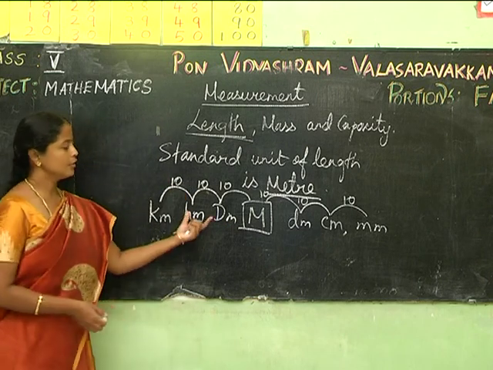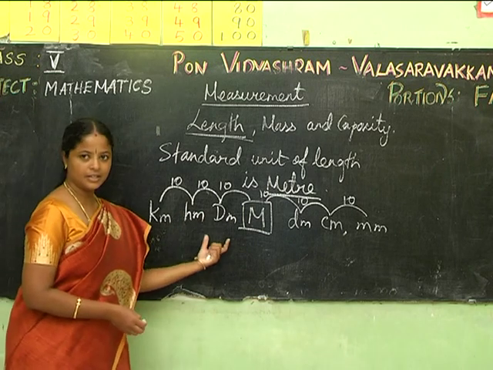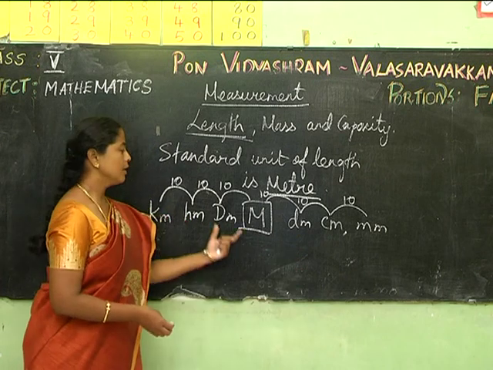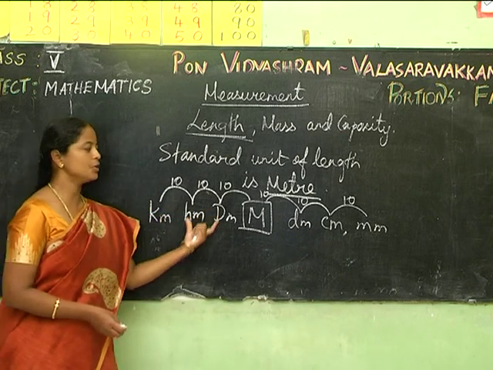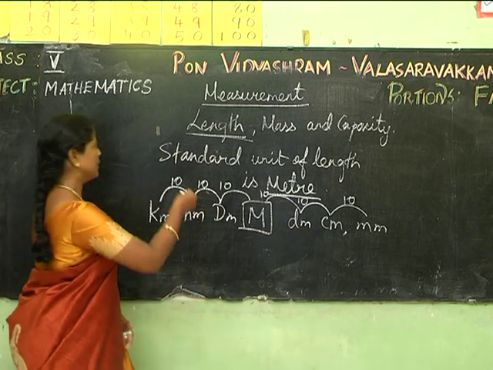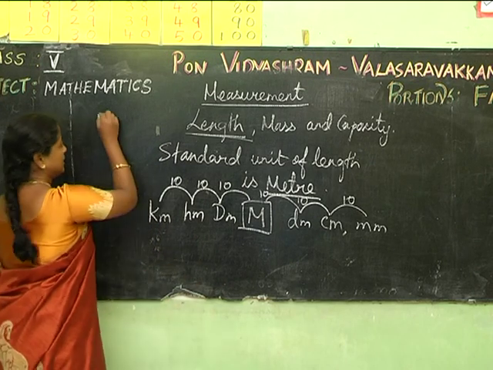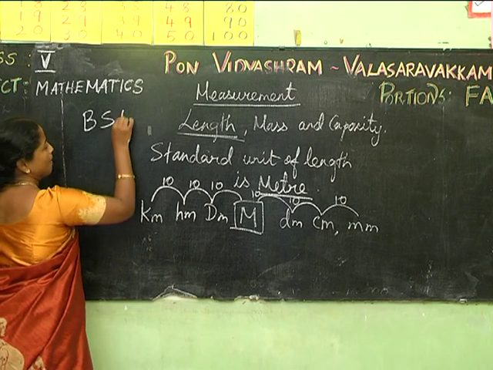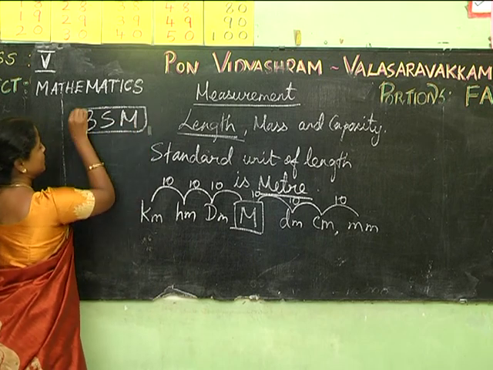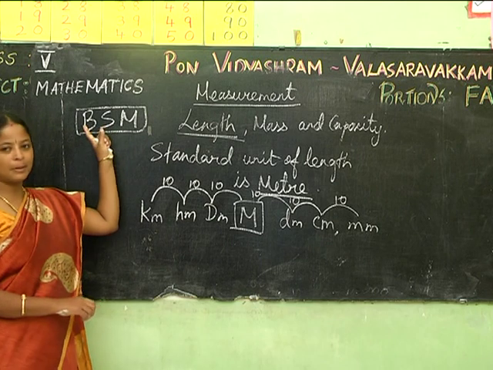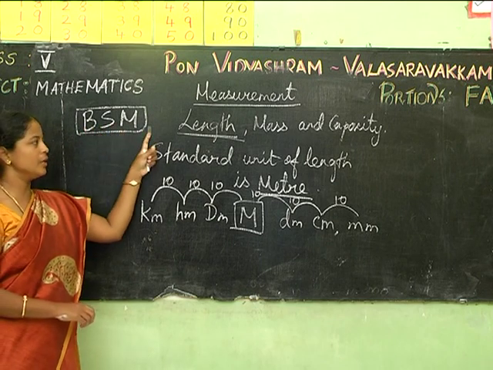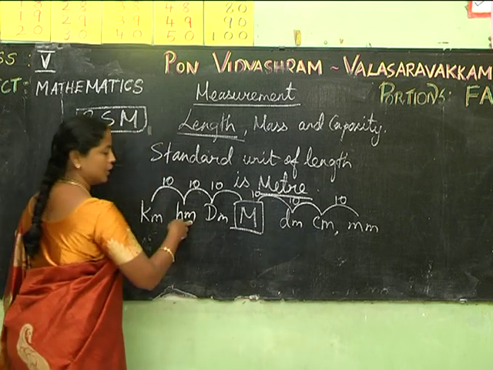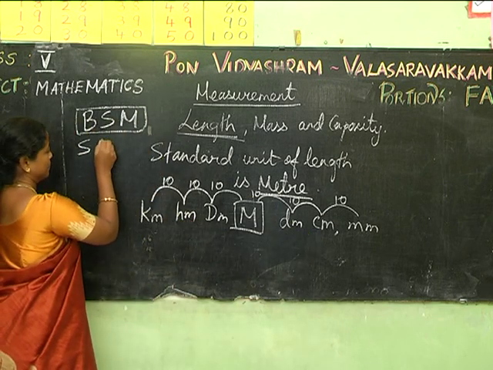So, whenever you convert from a bigger unit to a smaller unit, we have to multiply. That is, the short form is big to small multiply. Please keep in mind, always from a bigger unit to a smaller unit, we multiply, and from a smaller unit to a bigger unit, we divide.